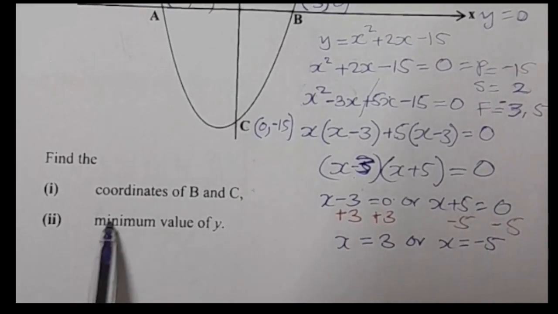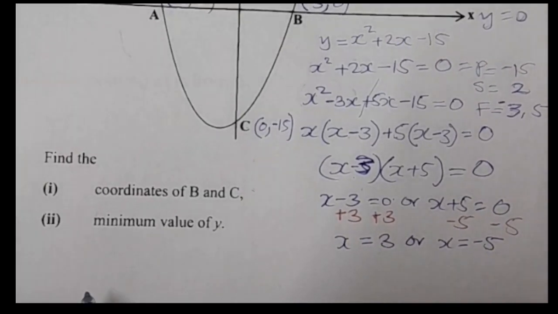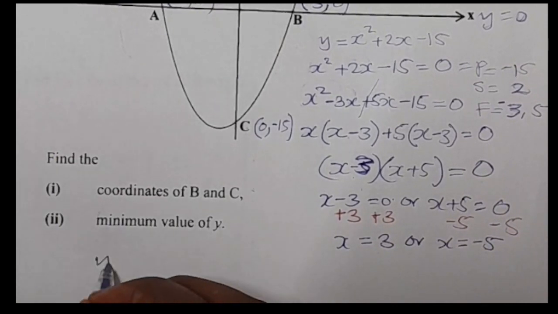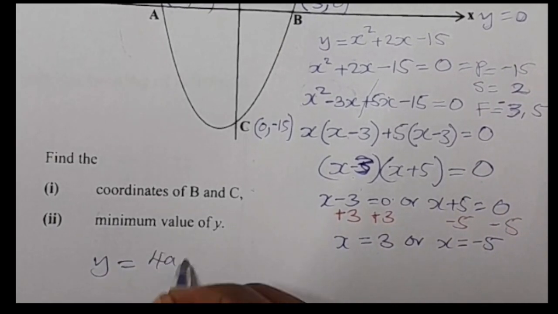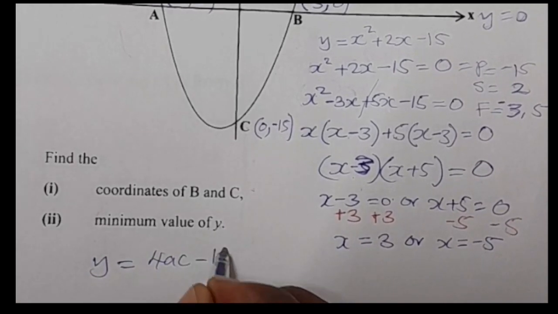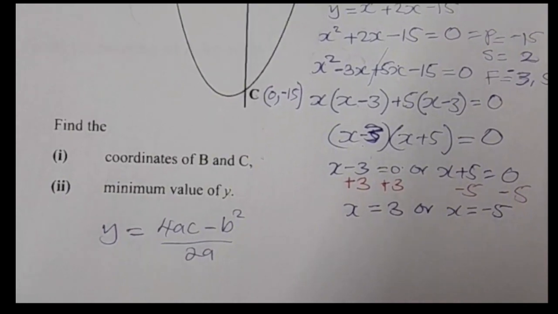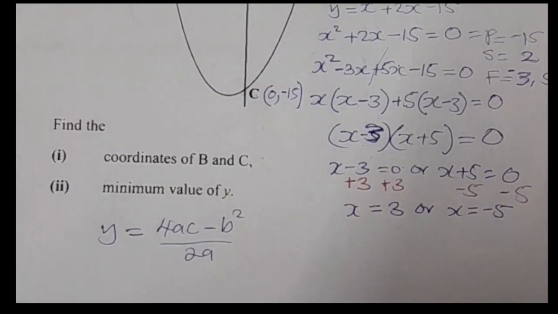So now they're asking us to find the minimum value. The formula for the minimum value is y is equal to 4ac minus b squared over 2a. So please keep this formula on your fingertips because it's very useful.